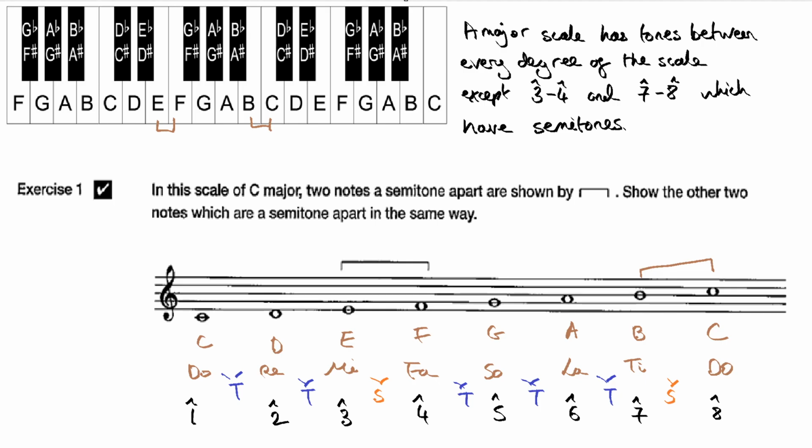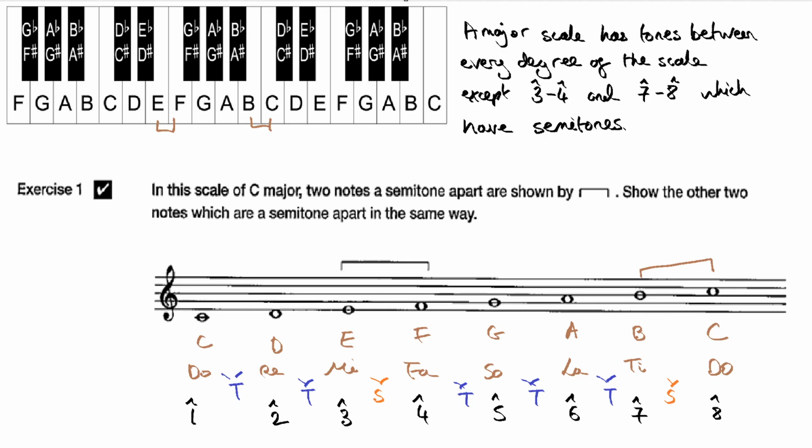And for all other major scales, we have to maintain the same gaps. Now, when we start on a different note, if we just play the notes of C major or sing them, we would move the gaps around such that the semitones ended up in the wrong place. If we just played a white note scale starting on, let's say, a G, suddenly the semitone would no longer be between 3 and 4 and 7 and 8.